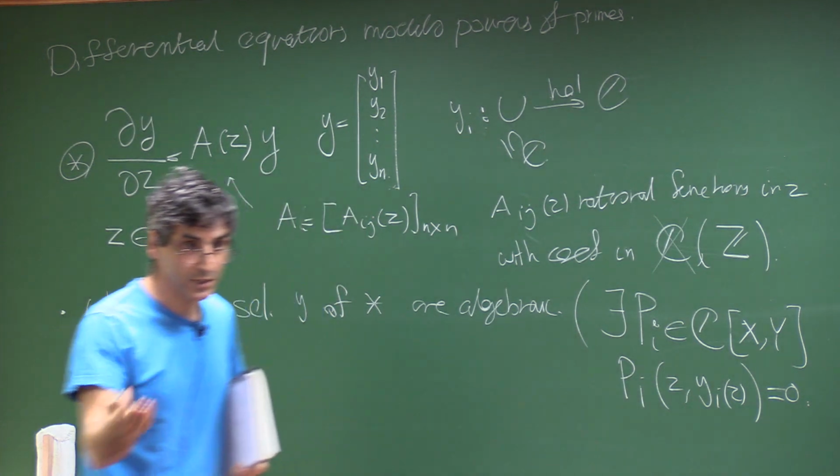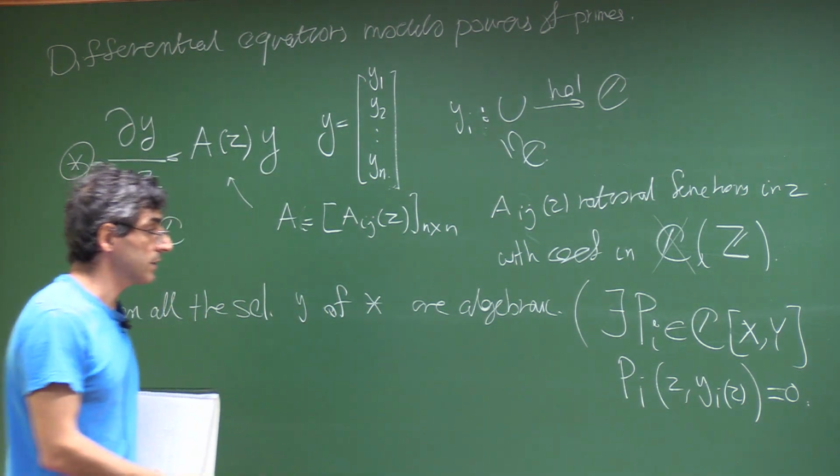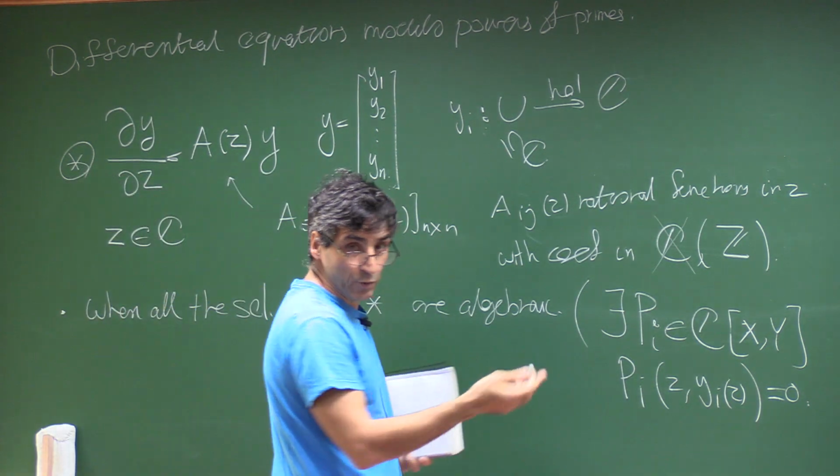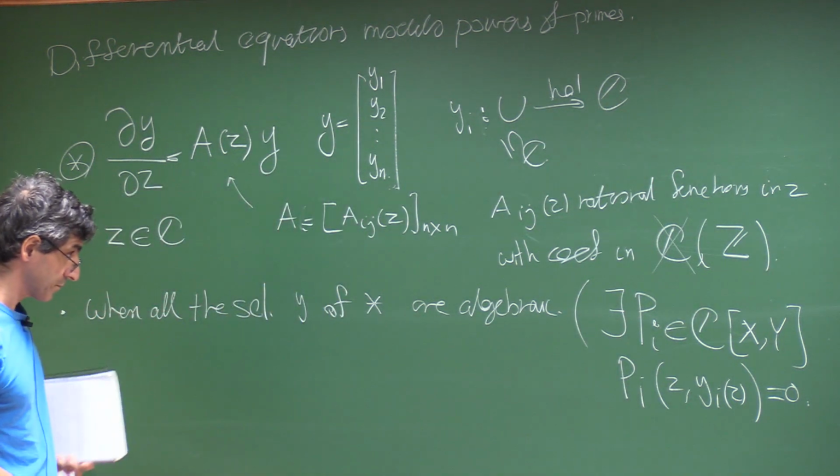For example, e to the z is not algebraic, whereas square root of z is algebraic, and so on.